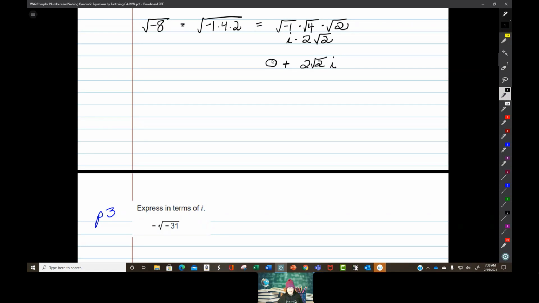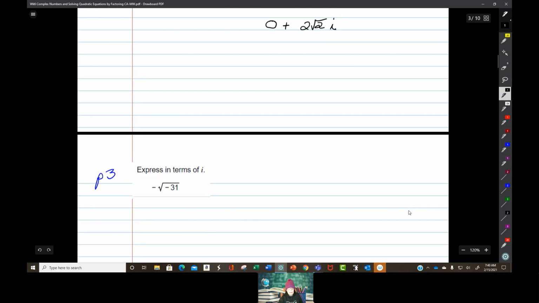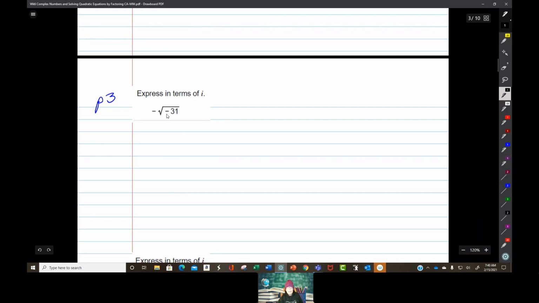And that would be your answer. If these were not the instructions right here, and you'll see this sometimes, like this one, here, let's just do this. All this says is express in terms of i. You'll see that writing the answer to this is a little bit easier.